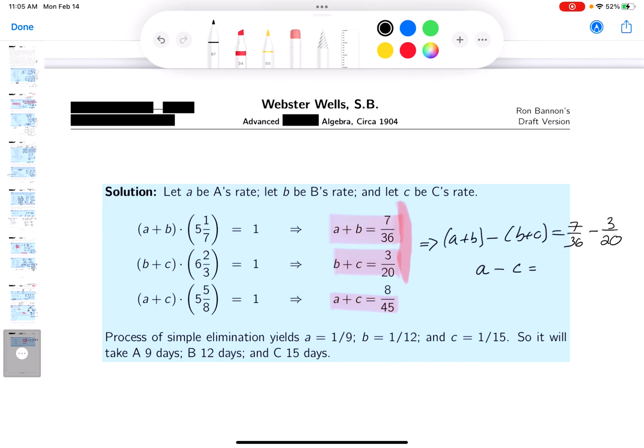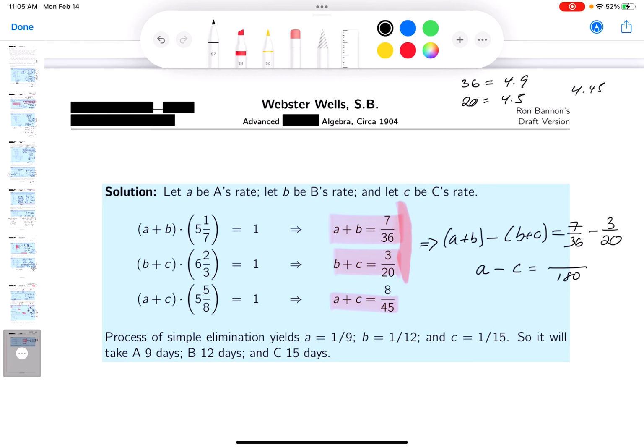That's not so bad. And now you've got to get a common denominator. All right, so let's take a look at that, really carefully. 36 is 4 times 9, and 20 is 4 times 5. So I'm going to say 4 times 45, which is 180. I'll write that down for you. And 180, what times 36 would be 180?